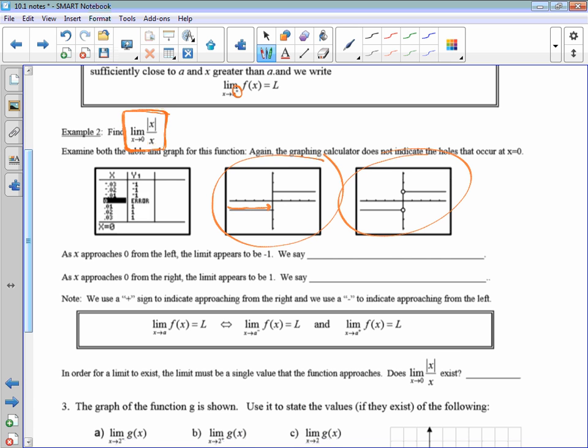Because that's coming from the left. So what does it equal? -1, right? So on the blank here, we can say the limit of our function as x approaches 0 from the left equals -1.